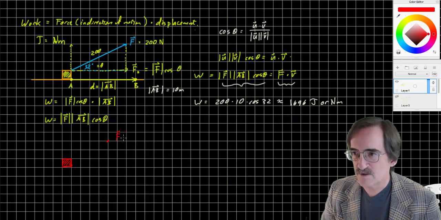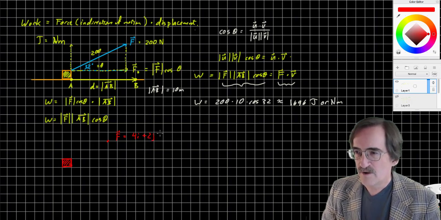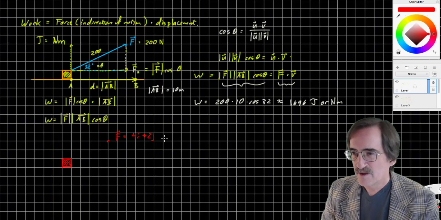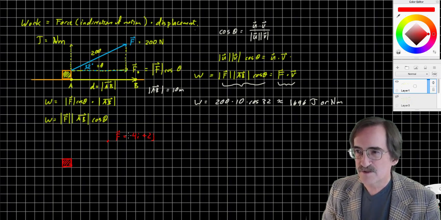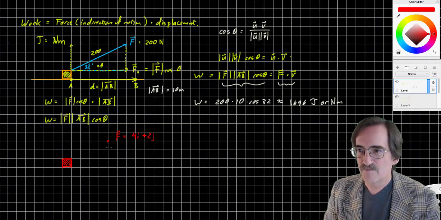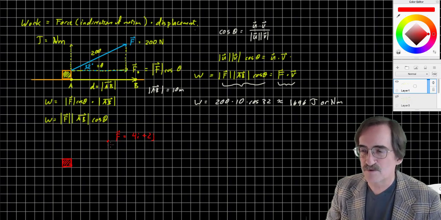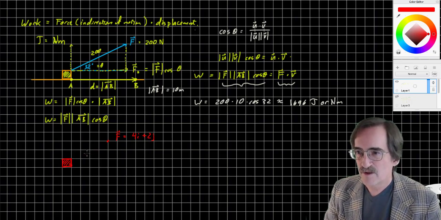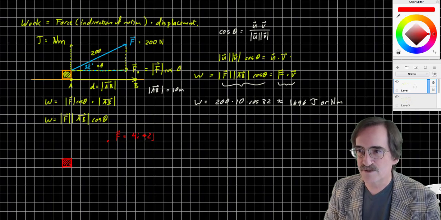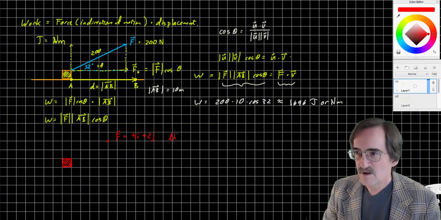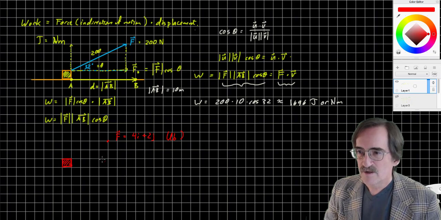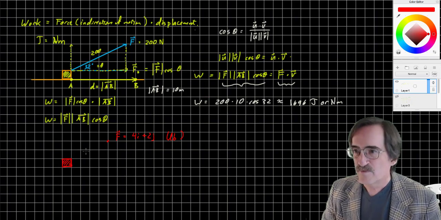So F equals, and let's do it in IJ form, 4I plus 2J, and the units will be in pounds, because force is in pounds.